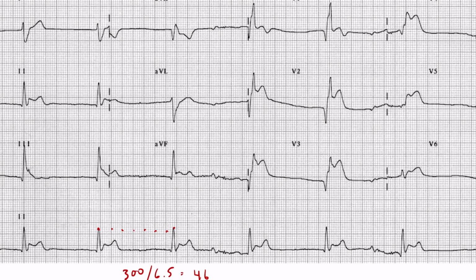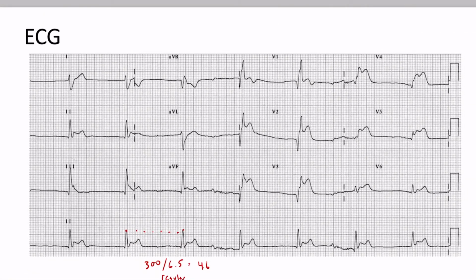So we can also use the 10-second method. So what you do here is you count the number of R peaks across the whole 10-second ECG. You multiply 1, 2, 3, 4, 5, 6, 7. Sorry, not 10, 6.